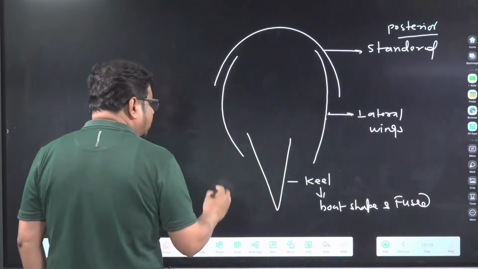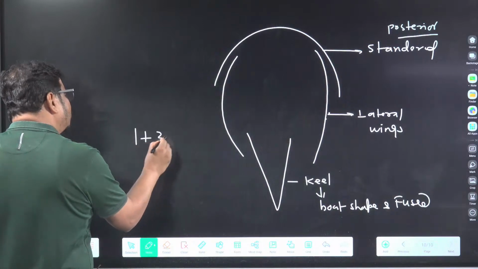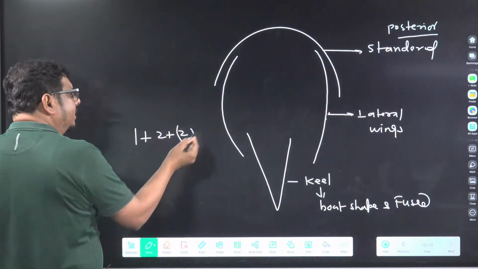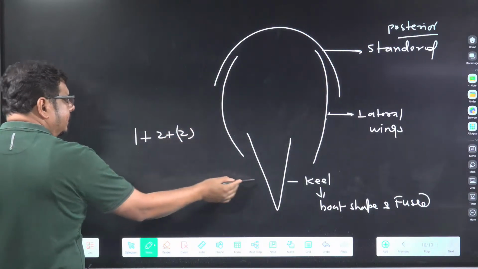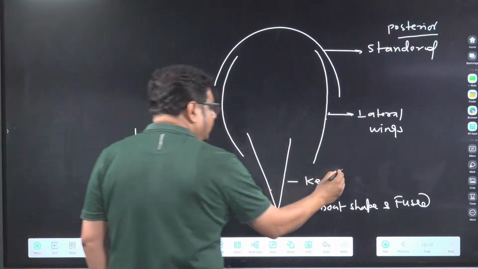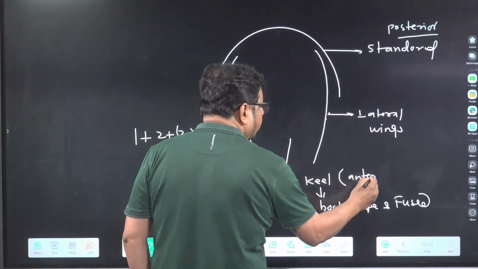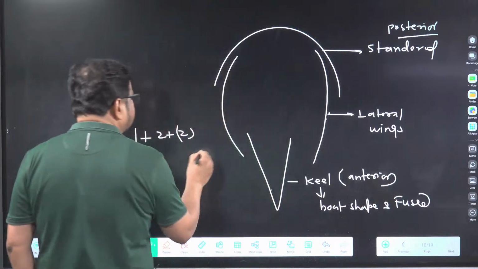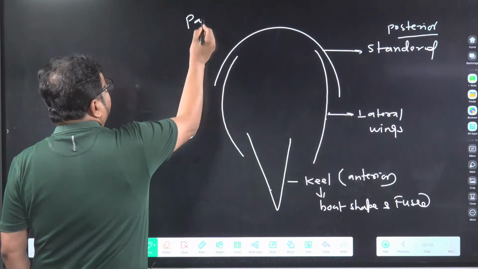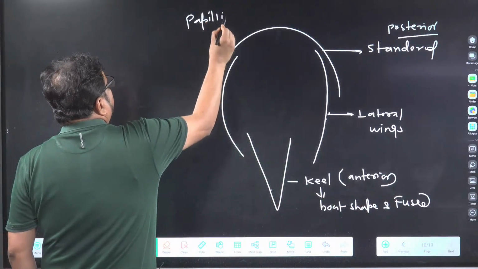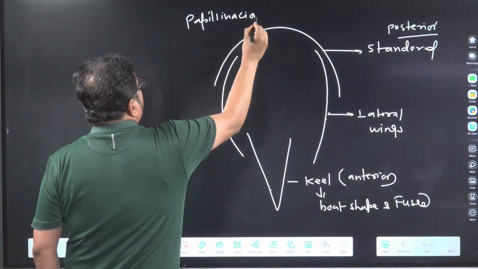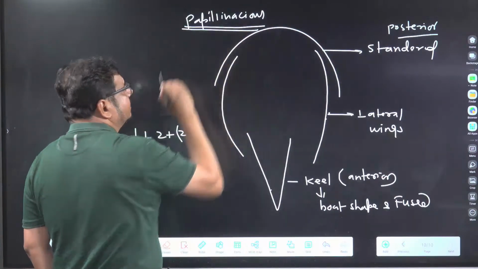And this condition is called 1 + 2 + 2 arrangement. Five members are there. This anterior member is fused. The keel is anterior. And that condition is called which one? Papilionaceous arrangement.